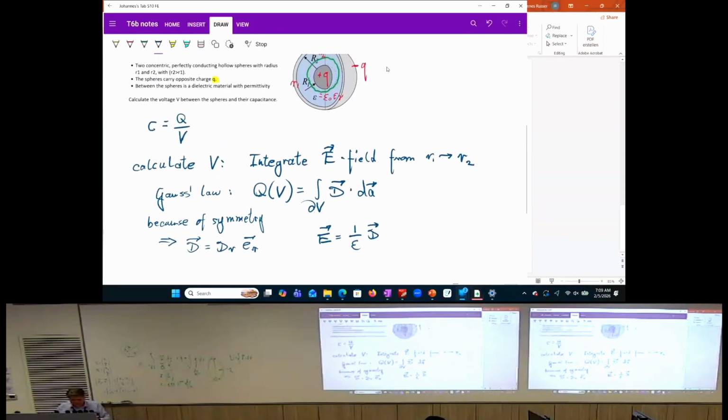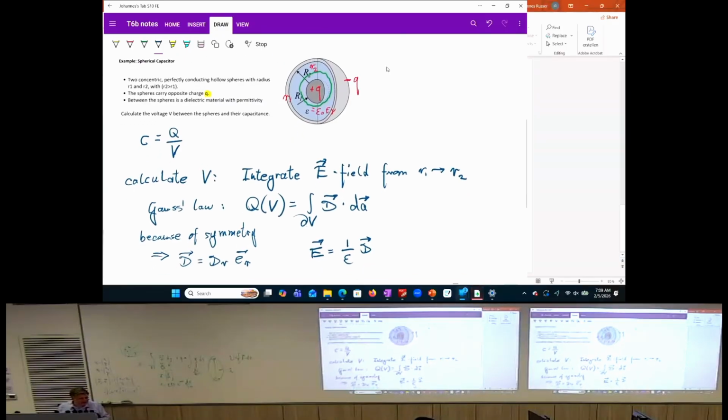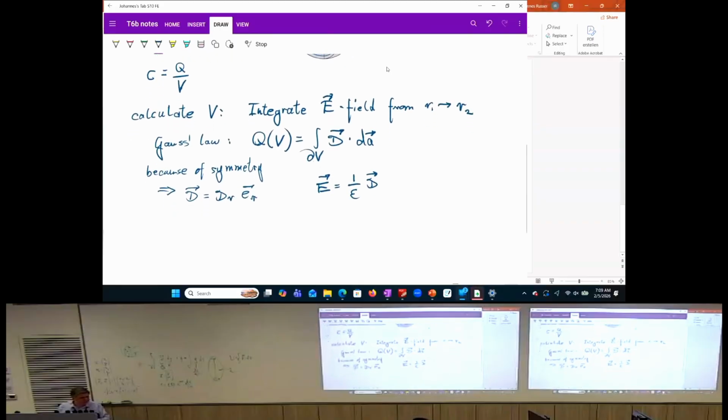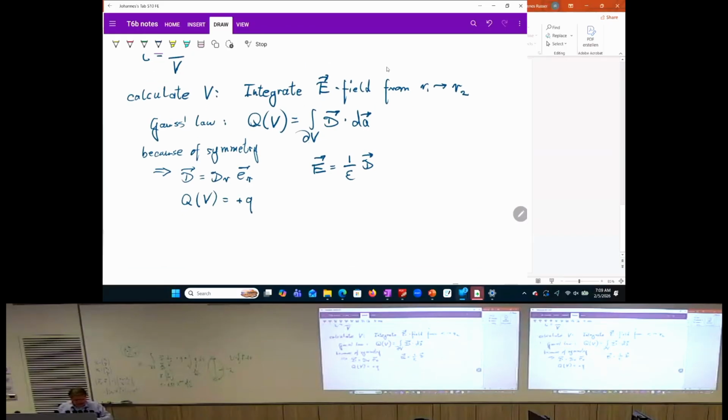So we also know, because that is given as a problem statement, that the charge on the inner sphere is given as Q. So we know that Q over the control volume accumulated is the charge plus Q. And now we insert that on either side. So we have the evaluation of our flux integral.